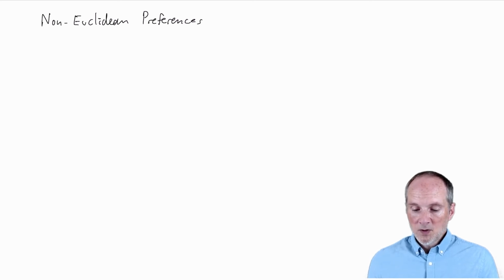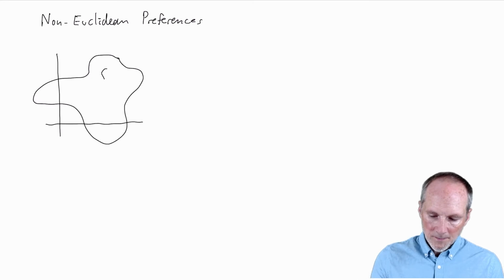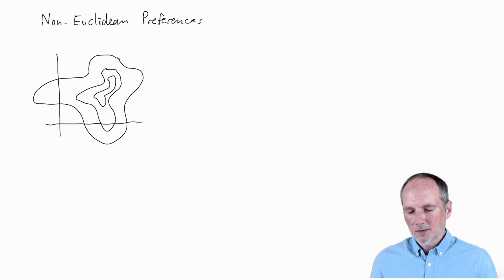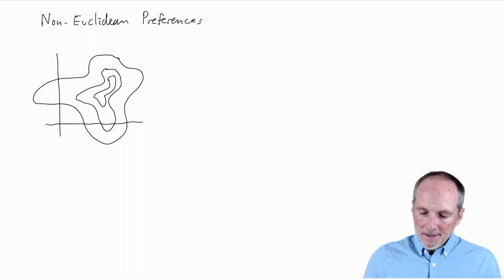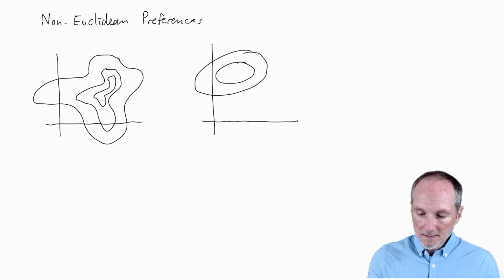Well, in this two-dimensional model, we can certainly allow for preferences that are non-Euclidean. You could imagine someone with really strange-looking indifference curves. We usually rule those kinds of curves out, but we could allow for someone who has indifference curves like this. Those are quite reasonable.